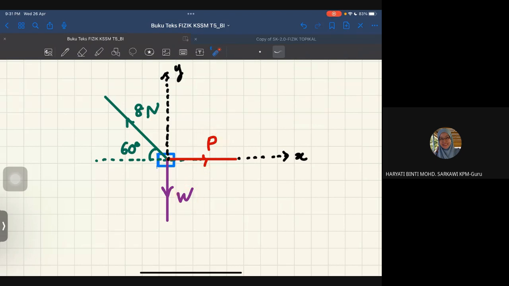But T, this is your T, right? T now, which is equal to 8 Newton, can be resolved into two components, vertical and horizontal. See here? So I can do like this.